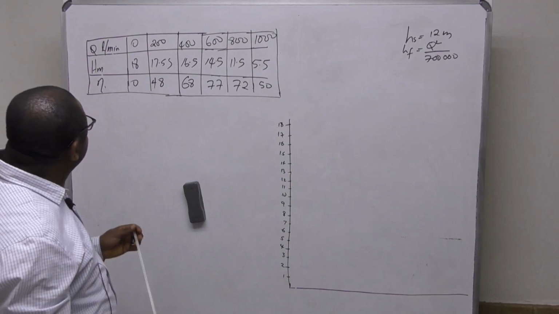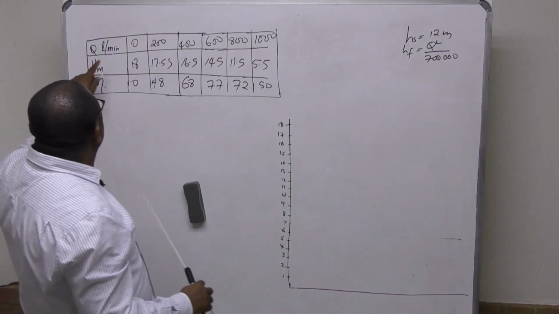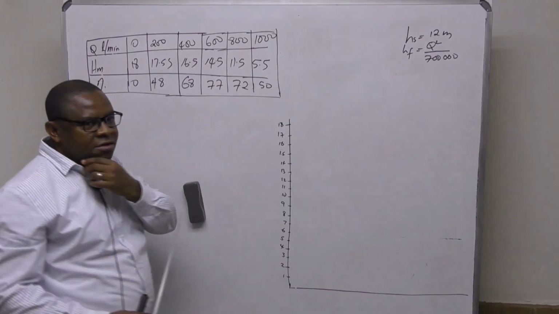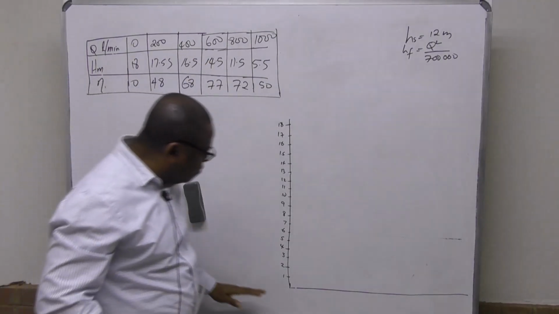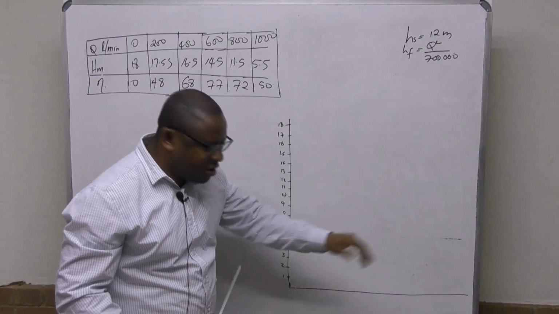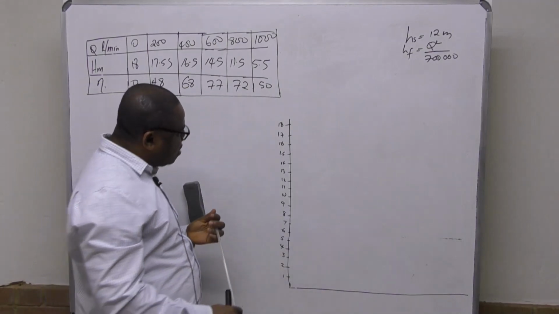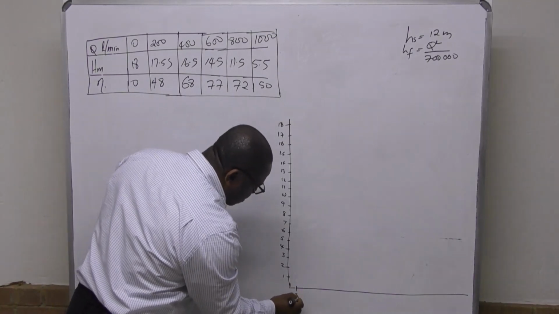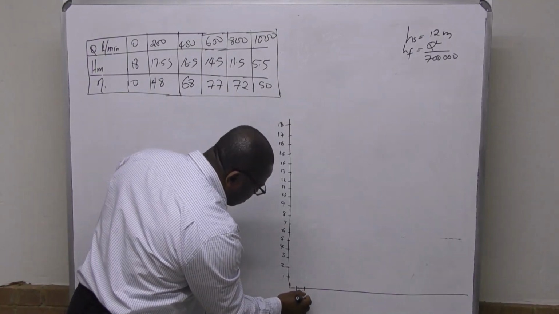And then the flow is 0 to 1,000. So I can say 100, 200, 300 like that, up to 1,000.